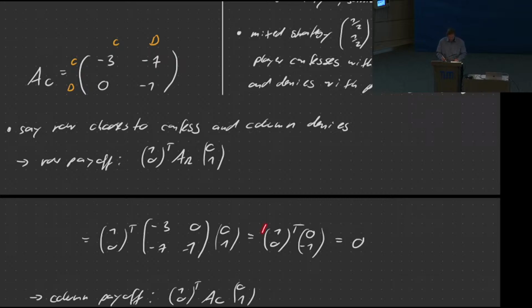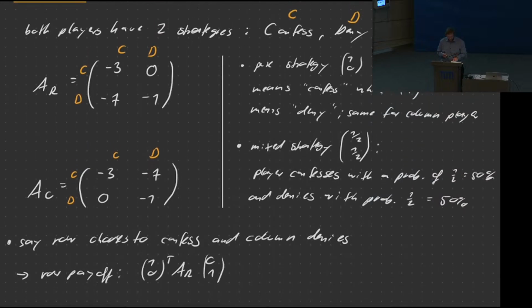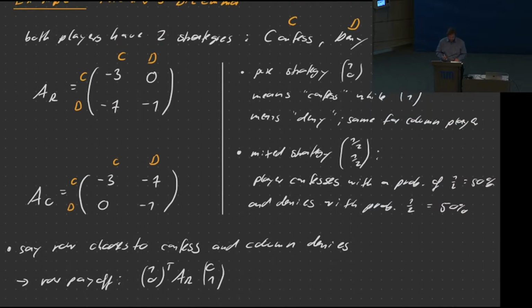And that means if you do this matrix multiplication, the outcome is 0. So that's the payoff for the row player in this situation. And of course that was expected. We said the column player chooses to deny and the row player chooses to confess, so we'll end up in this situation and the outcome is 0 here.